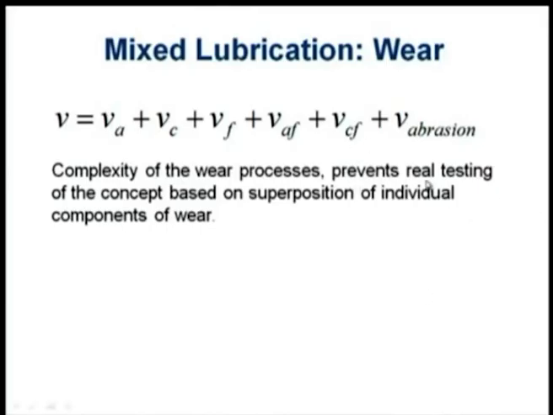When things are not 100% sure, we will not be able to get good results from that. That is why we are not going for the superposition of individual components of wear. We need to think from some other angle.